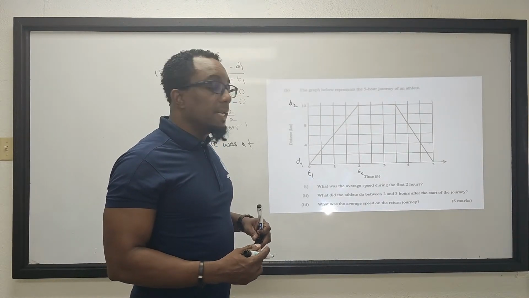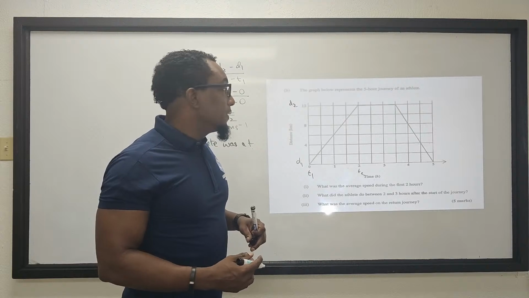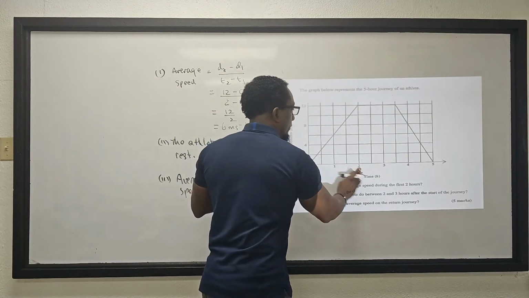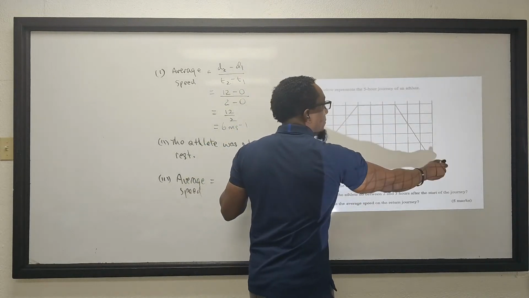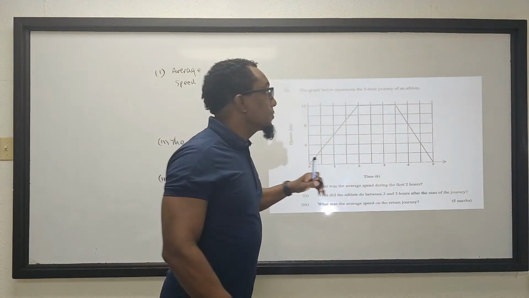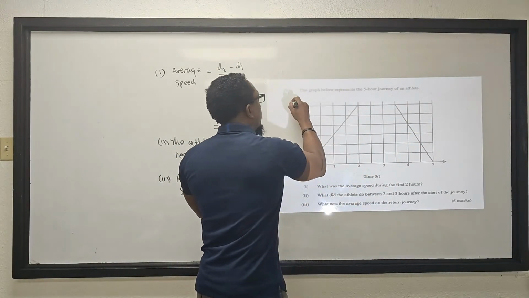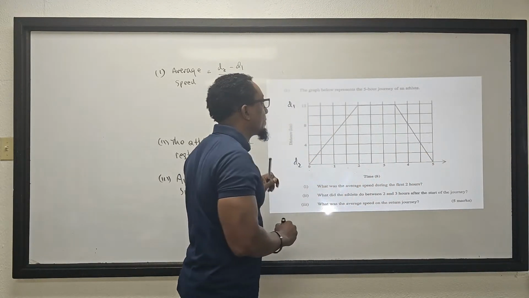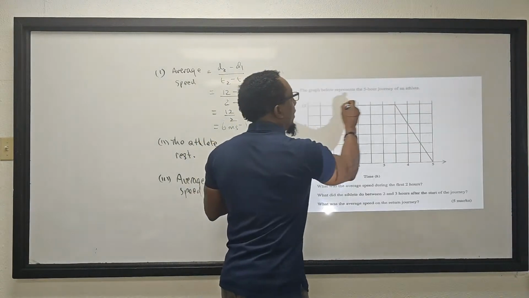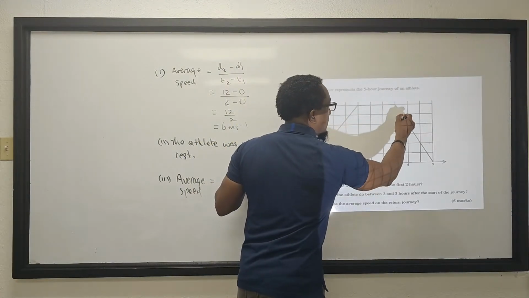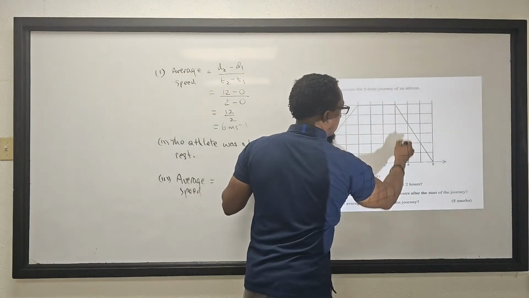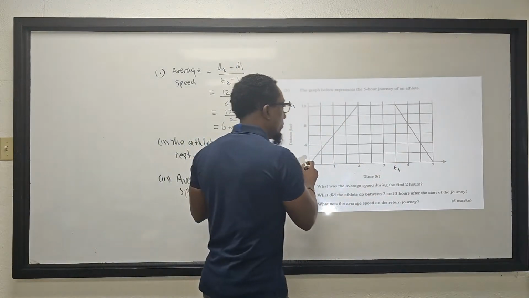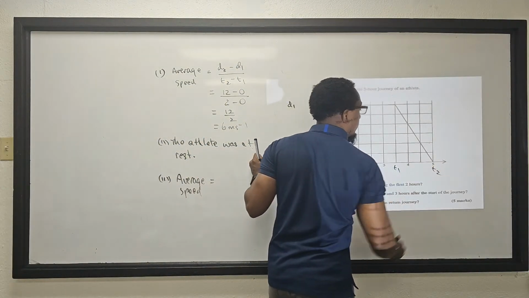So we do the same, change in distance over change in time, and if we're moving downwards, this time we're moving downwards for a left-hand slope. This will be D1 and this will be D2. And if this is D1, then the corresponding time here will be T1. And if this is D2, then of course this is T2.